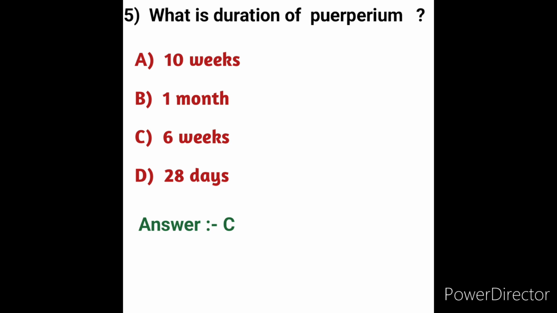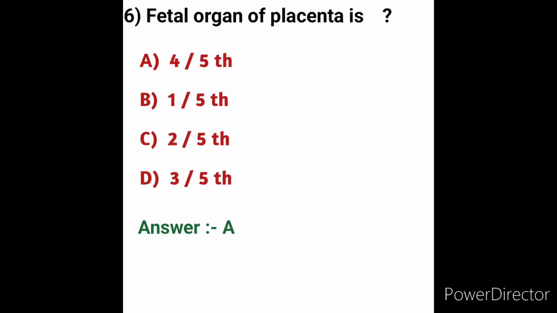Next, we will discuss question number 6. The fetal organ, the placenta, is. Options: option A 4 by 5th, option B 1 by 5th, option C 2 by 5th, and option D 3 by 5th. The placenta is a temporary organ during pregnancy that exchanges nutrients, gases, and waste between the maternal and fetal circulation.